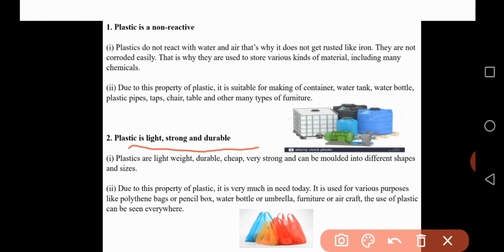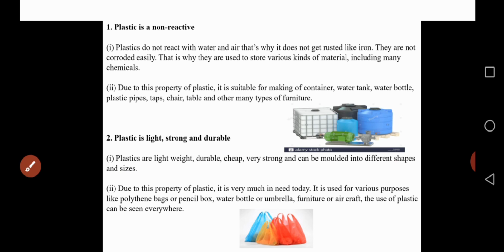It can be molded into different shapes and sizes; we already learned about this in thermoplastics. So we can mold thermoplastic into different shapes and sizes, and it is lightweight, durable, cheap, and very strong.